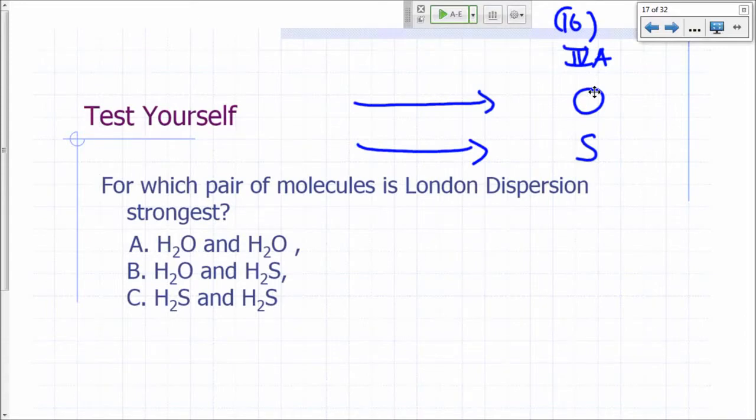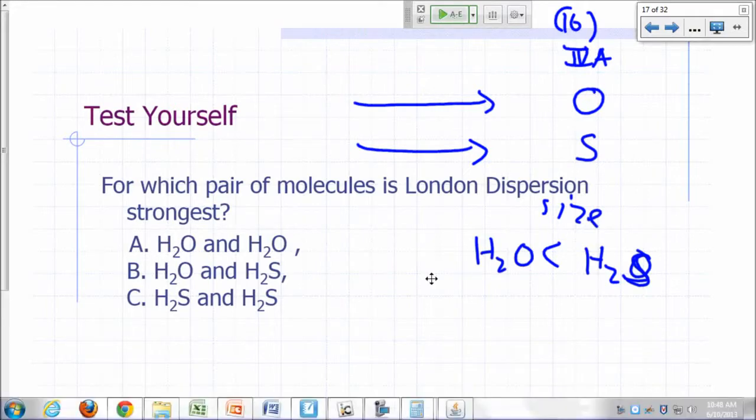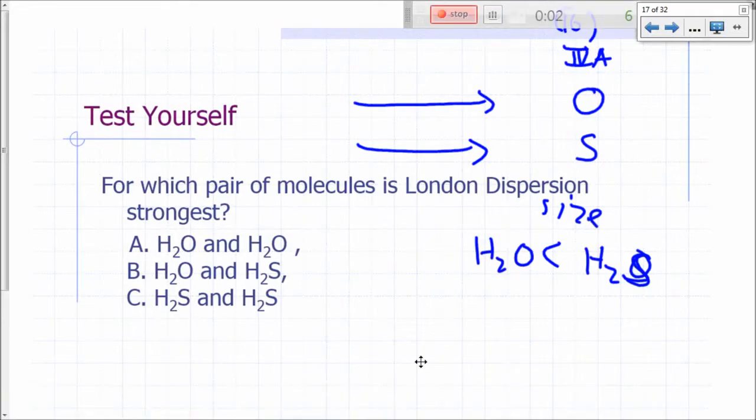Atomic size increases. So which one would be bigger, H2O or H2S? In terms of size, water will be smaller than H2S. So for which pair of molecules are London dispersion forces strongest? Between a pair of water molecules, between a pair of H2S, or between H2O and H2S?